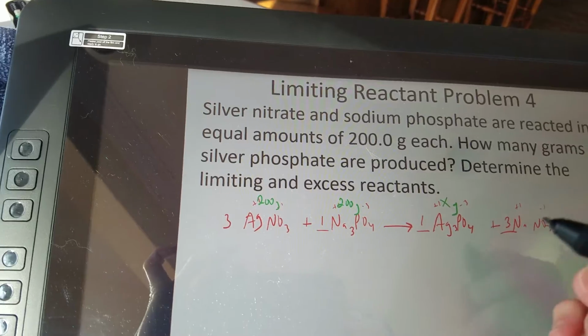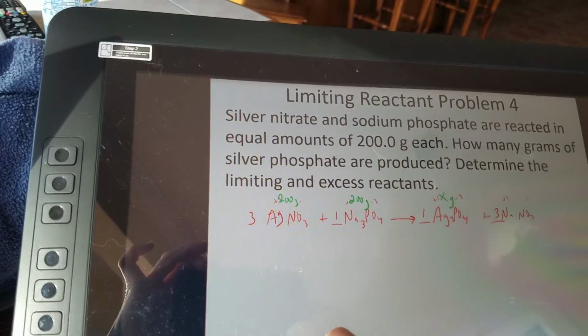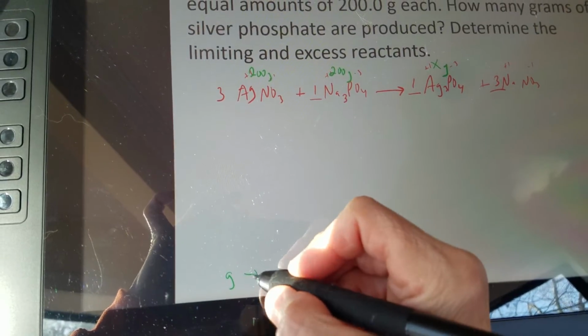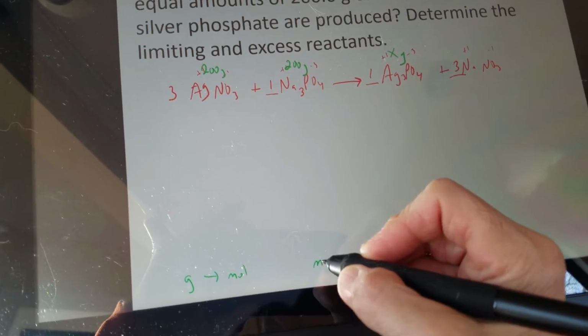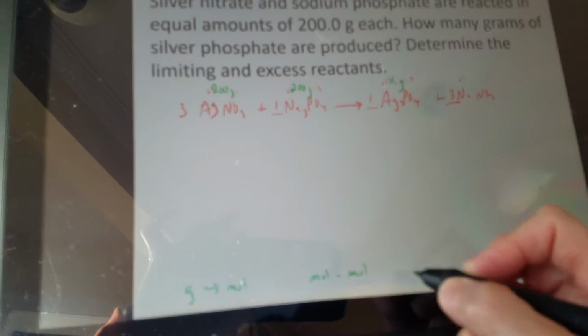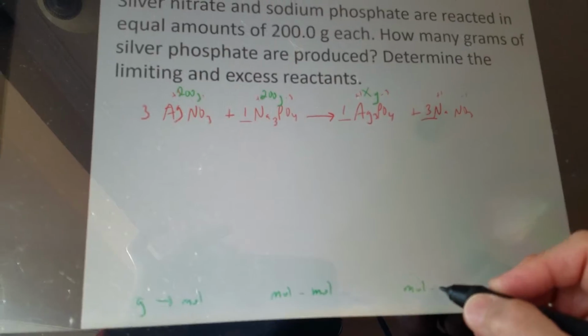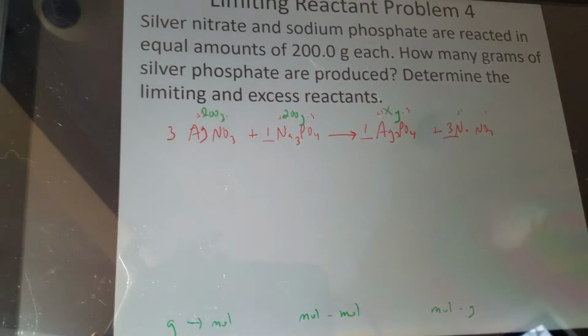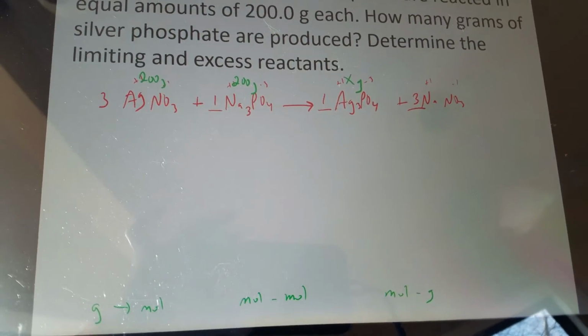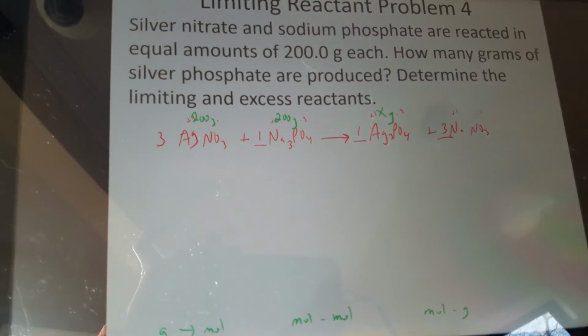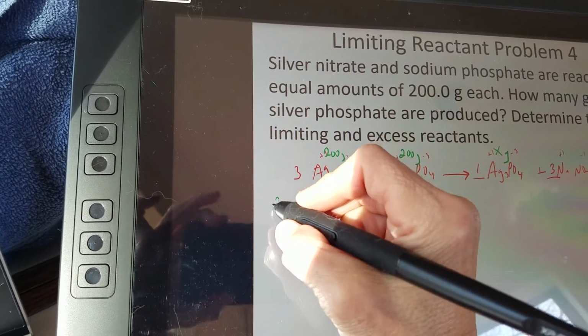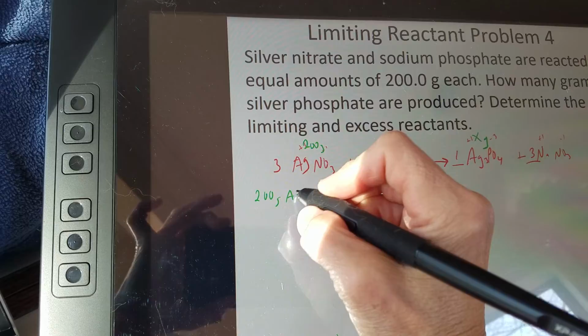So it's a mass problem. So the first thing I'll do is take my grams to moles for both of these, do my mole ratio, so go to moles, and then finally moles to grams. Once I get these 2 problems worked, then I should be able to answer the 3 questions that they ask me. So let's go ahead and do this. So I'll have 200 grams of my silver nitrate.